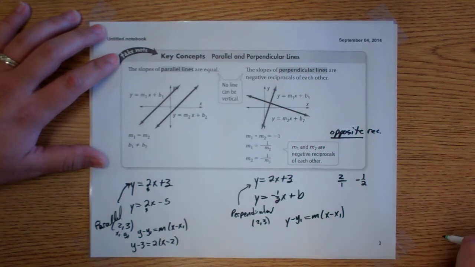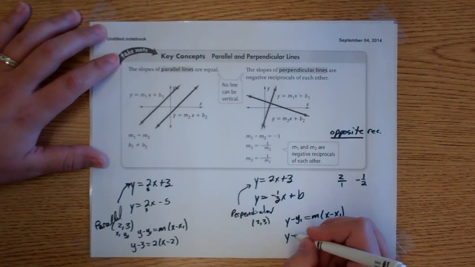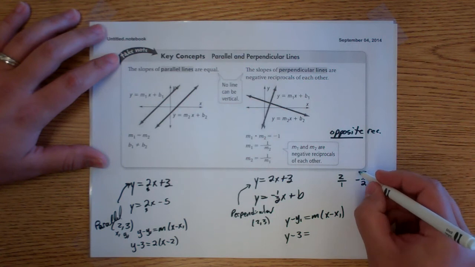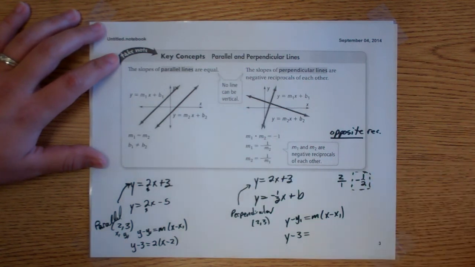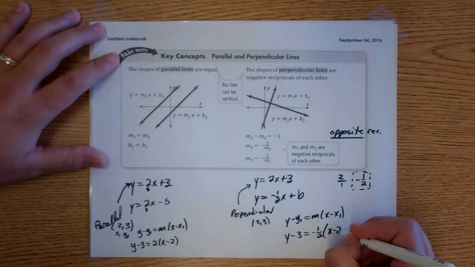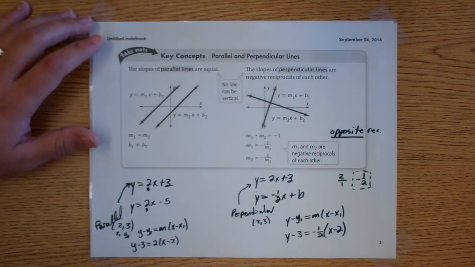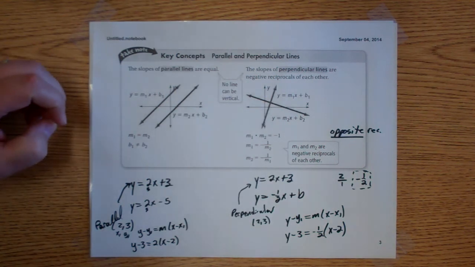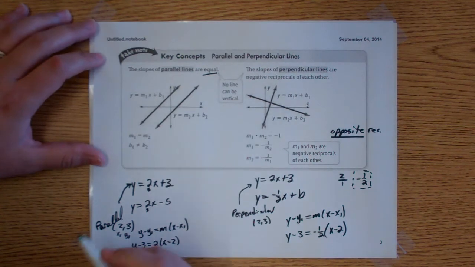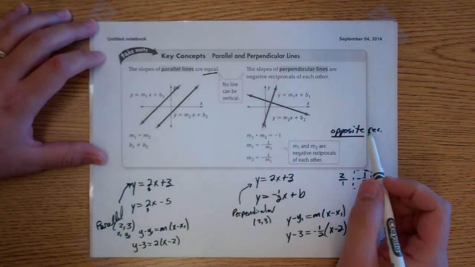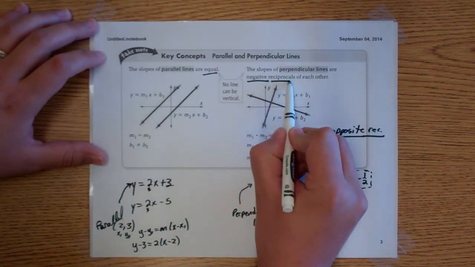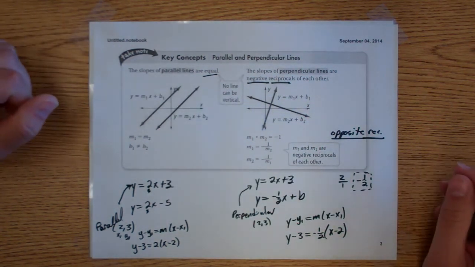In this case you'd do y minus 3 equals, now we can't use the 2, we have to use its opposite reciprocal, negative 1/2, for our slope, and then you would do x minus 2. So remember, for parallel lines the slopes are equal, and for perpendicular lines the slopes are opposite reciprocals or negative reciprocals, depending on how you want to word it.